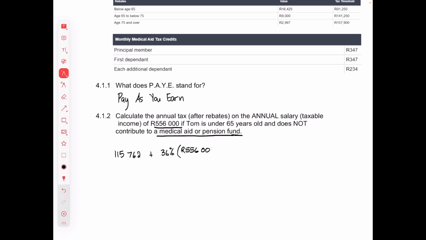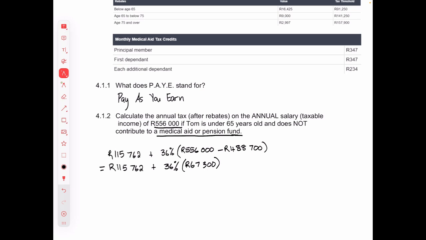We're going to go 556,000 subtract the 488,700, and then you punch that into your calculator, and here you're going to get 115,762 plus 36% of the remaining amount is 67,300.